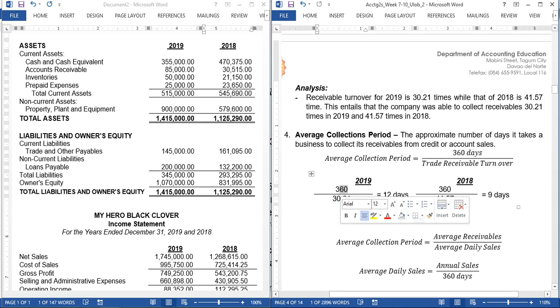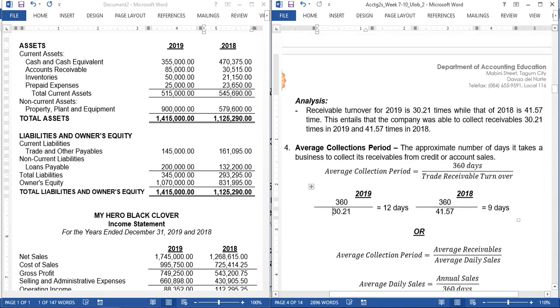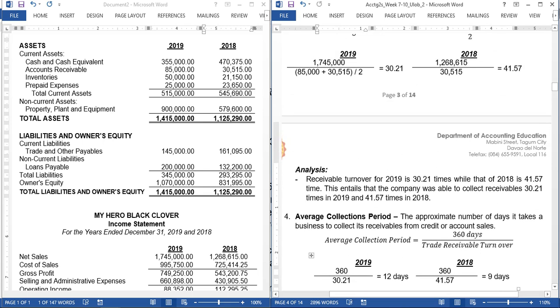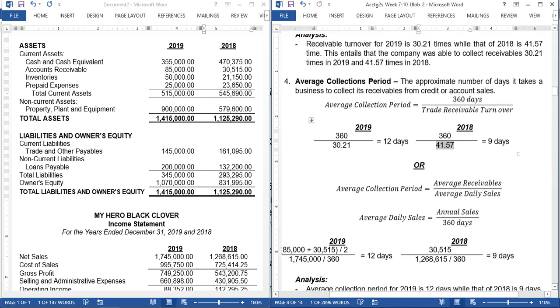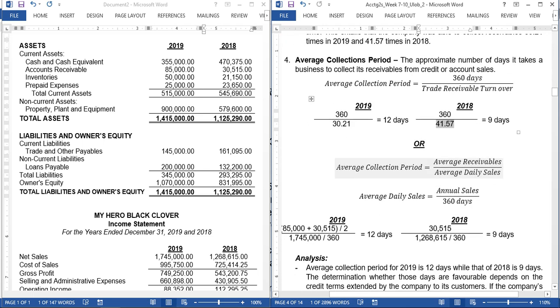360 divided by 30.21, asagi ka ng 30.21, itong answer sa previous. Ayan, this is the AR turnover, 30.21. And then, same with 2018, 360 days divided by 41.57. So, nasa 9 days. So, as you can see, or you do have here another computation by using this formula.